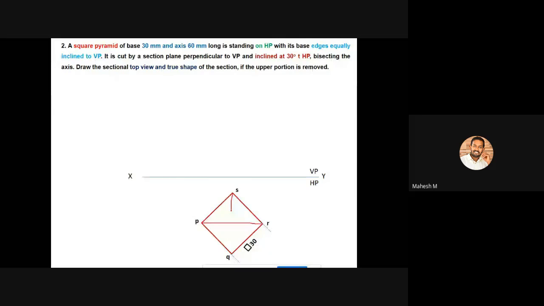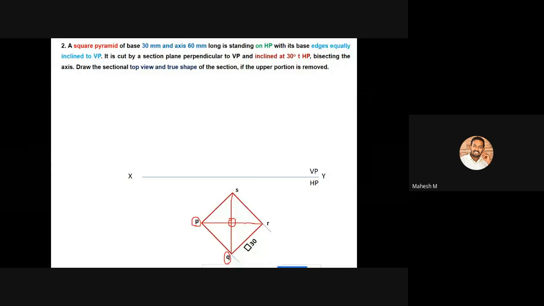This one is our center point, so join all the corners with it. You can name each corner with a notation like P, Q, R, S, or else A, B, C, D, or 1, 2, 3, 4. It is your choice, so there is no problem. But the cutting edges should have a different notation.